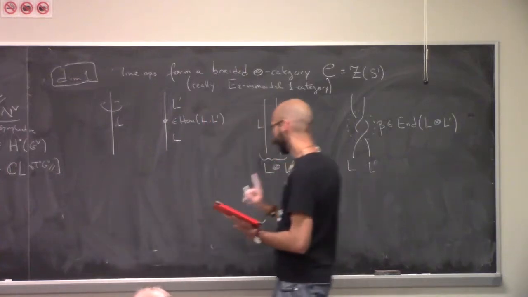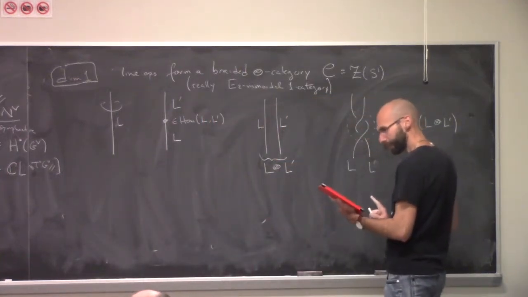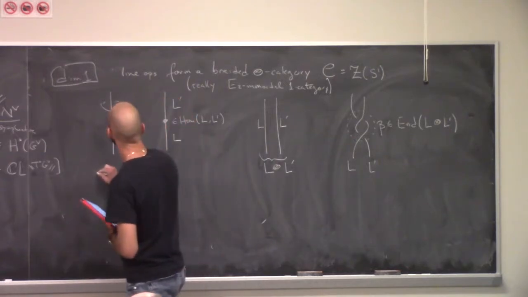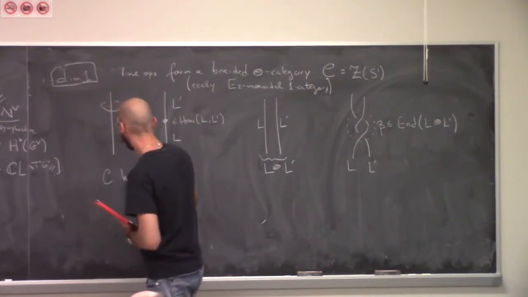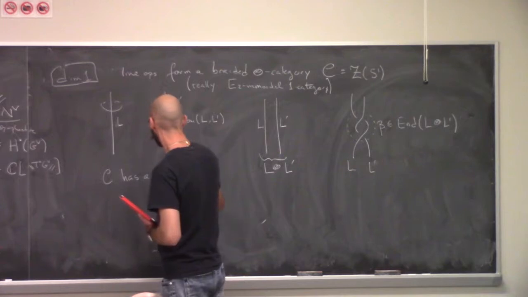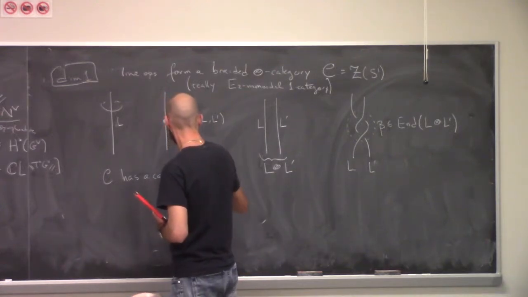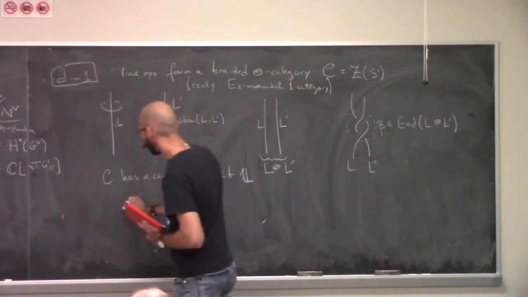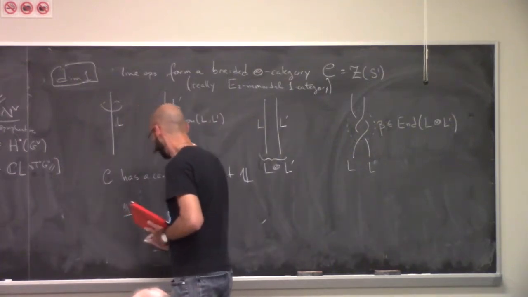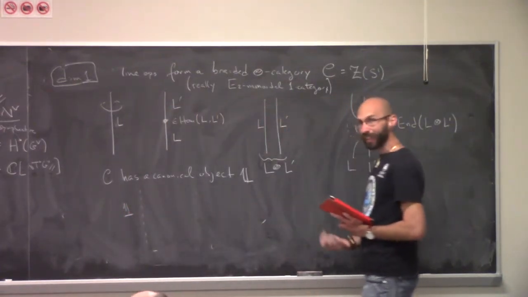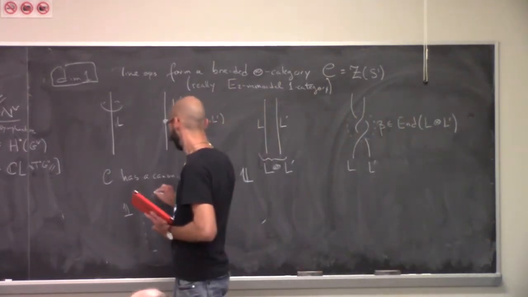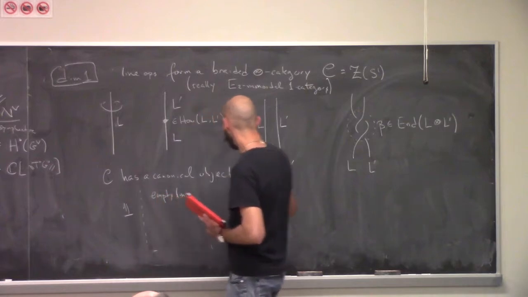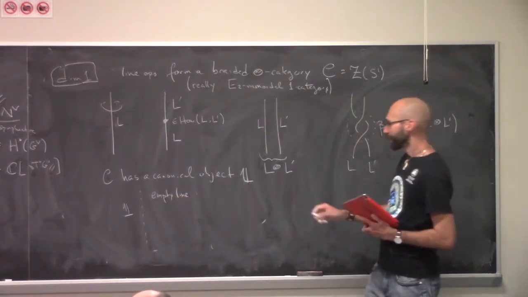I will actually finish in 4 minutes. There's a canonical object, one. That's just the trivial or the empty line, and I call it one because it's the tensor identity.